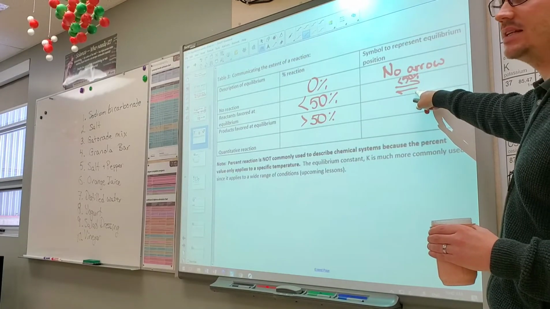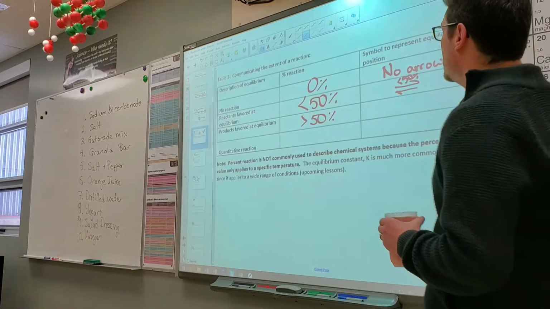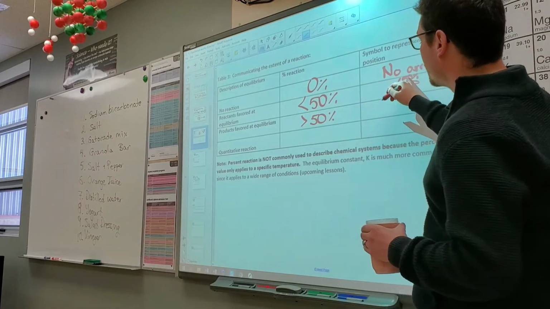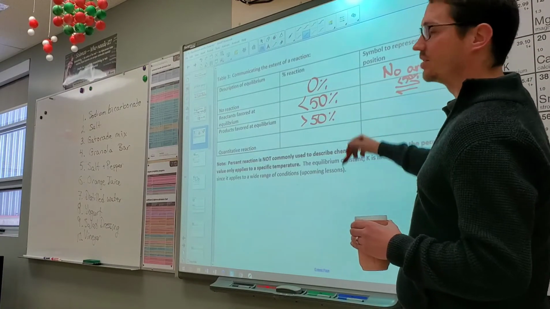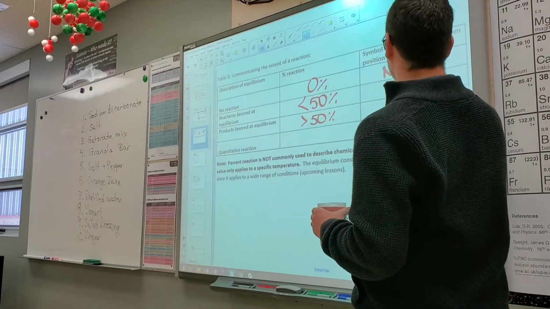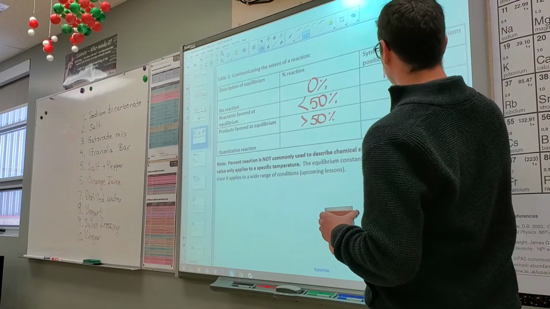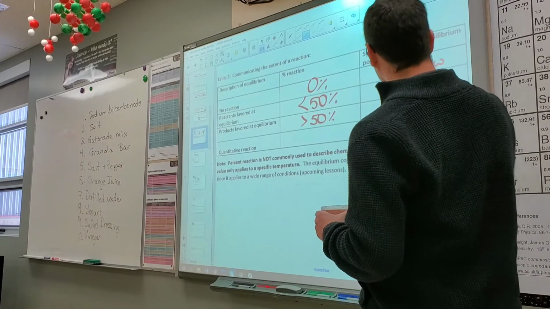We have to represent that the reaction can go forwards and reverse, okay? So we're just saying less than 50% means that the reactants are favored over the products. Same thing here, we'll still use an equilibrium arrow, but if products are favored, we'll say that it's greater than 50%.